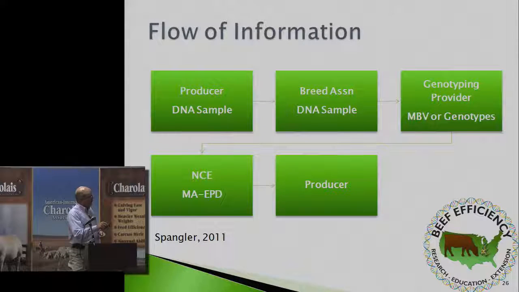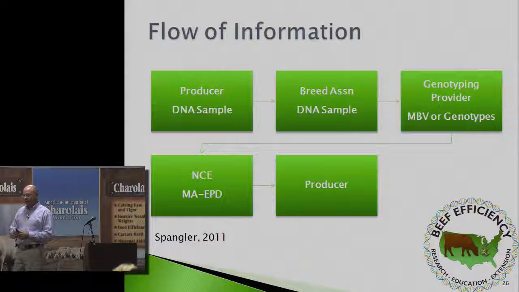That company genotypes the animal on whatever technology platform they use to produce genotypes, and subsequently uses that information to compute molecular breeding values, which are then reported back to the breed association, incorporated into the National Cattle Evaluation, that's what NCE stands for here, and either marker-assisted or genomically enhanced, same thing, EPDs get returned back to producers. So that's the cycle of information that you should expect.